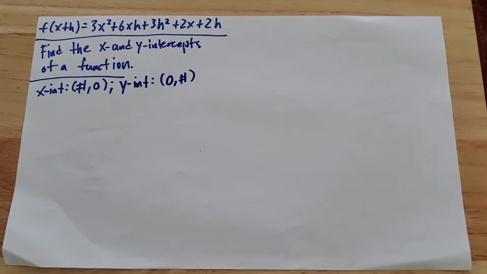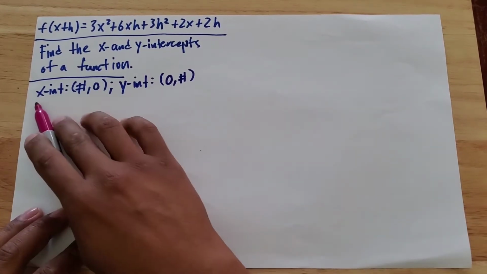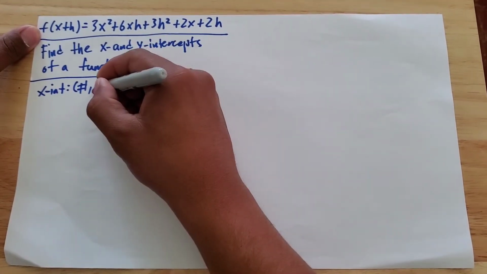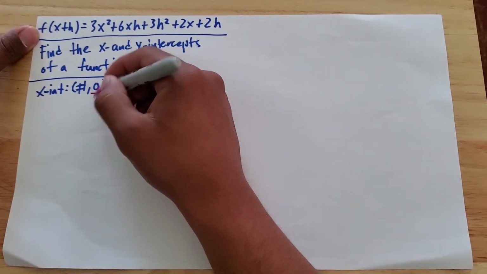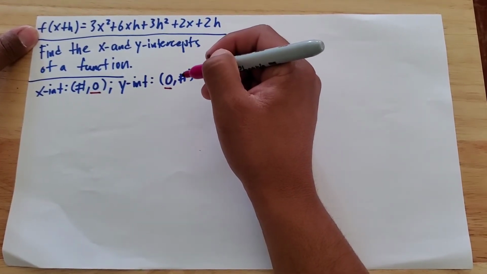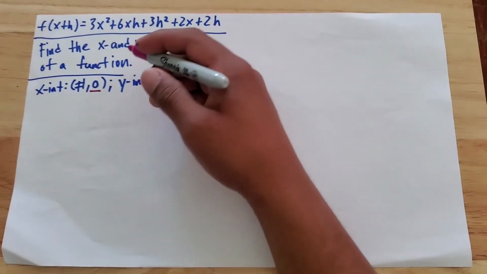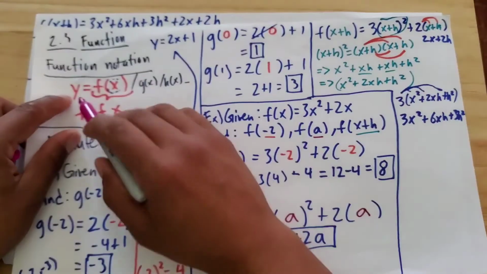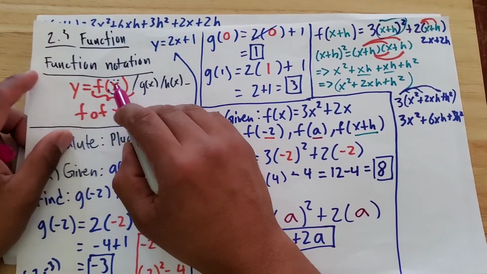But we can transfer this idea to functions, because to find the intercepts of a function, we just have to rewrite this. Here we're saying that y has to be 0, and here we're saying that x has to be 0. And remember, with function notation, y in this situation is now f of x.